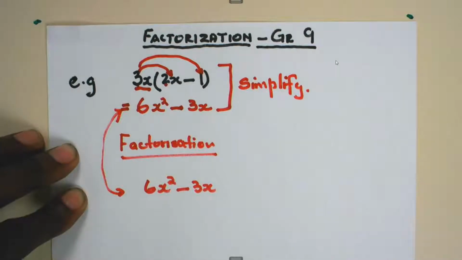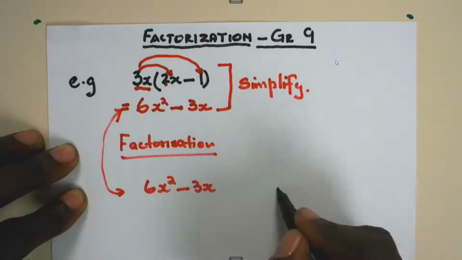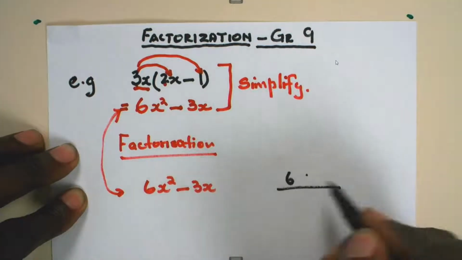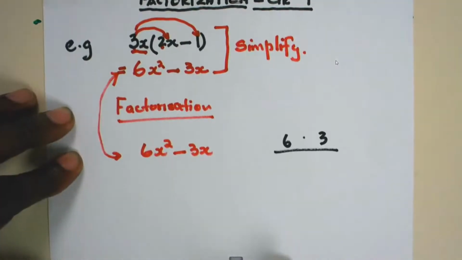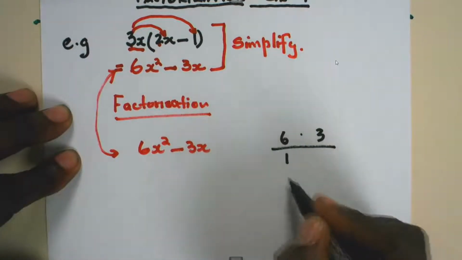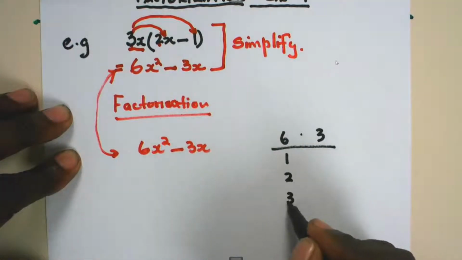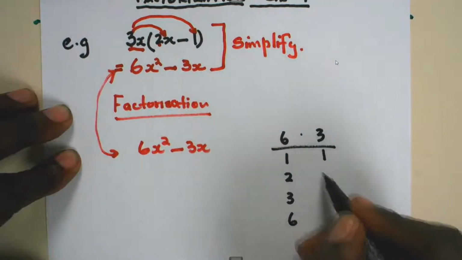Now, when we factorize, we have to find the factors of 6 and 3, the numbers that you can multiply to give you 6 and 3. For 6 it's 1 and 2, 3 and 6. For 3, it will be 1 and 3.